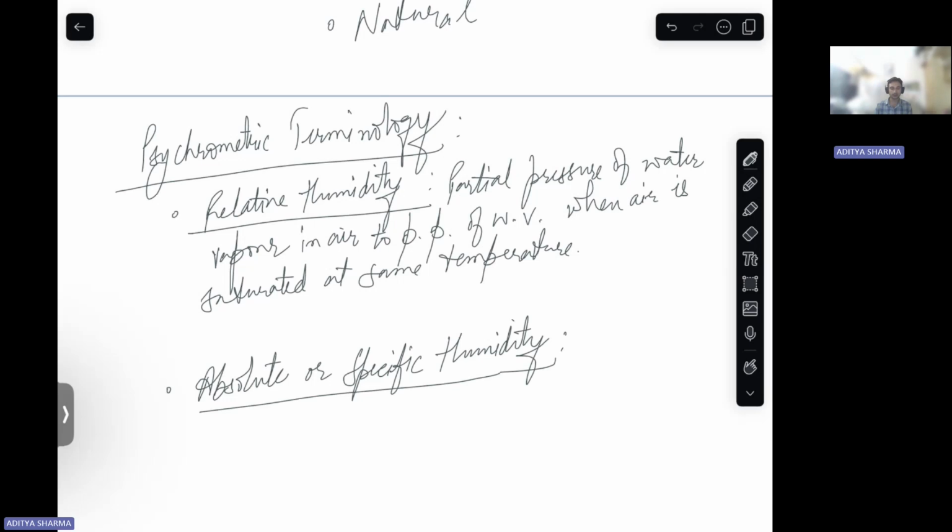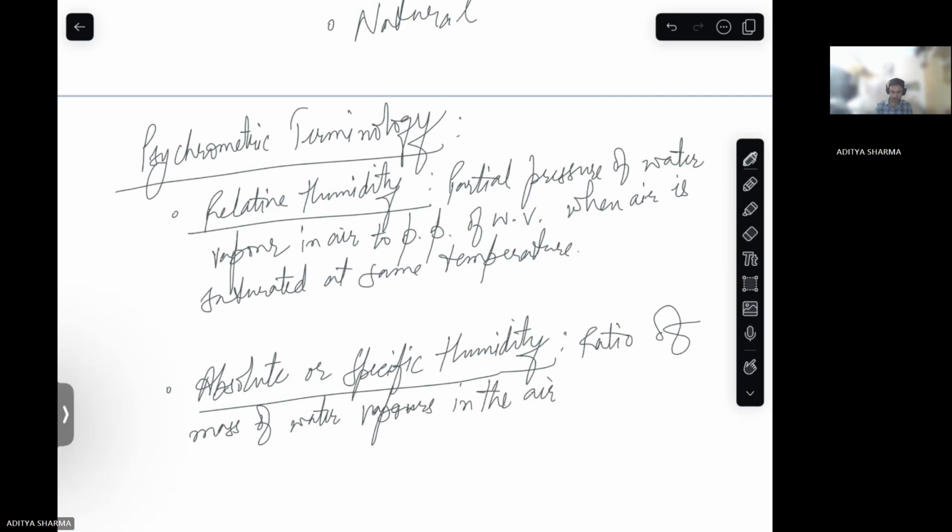So what is this? This is basically the ratio of the mass of water vapor in the air. So we have some air, either saturated or unsaturated.